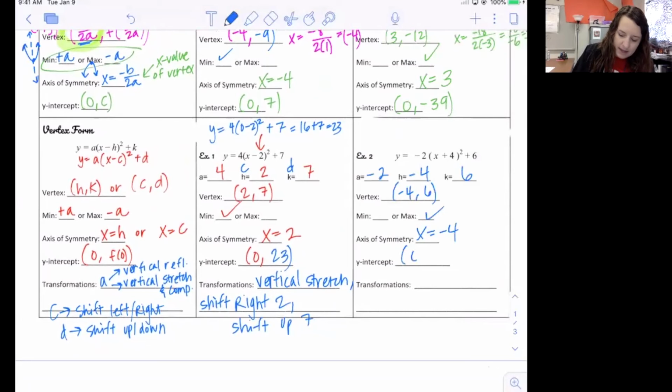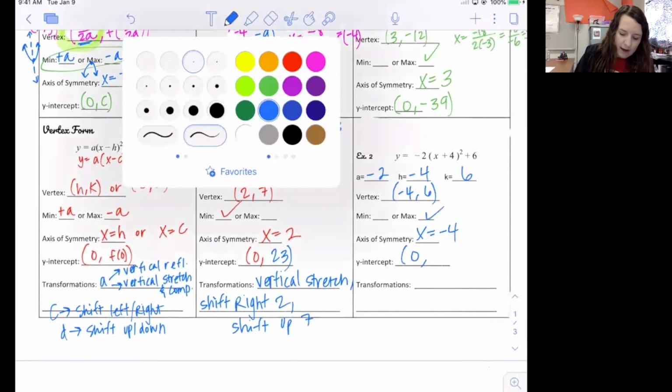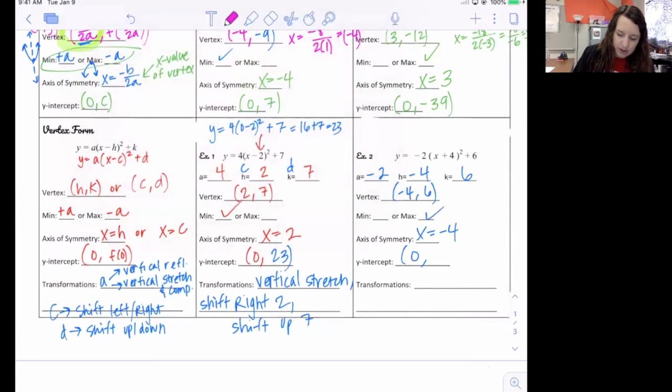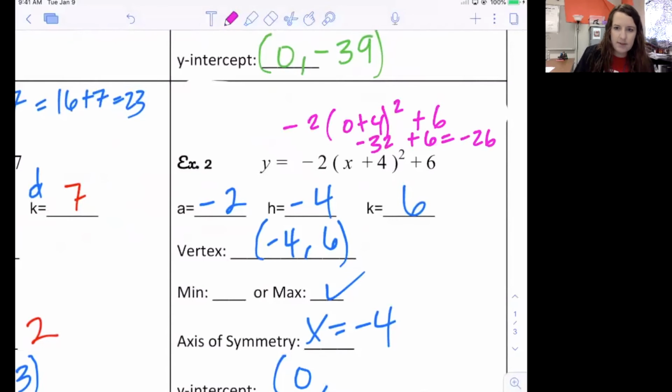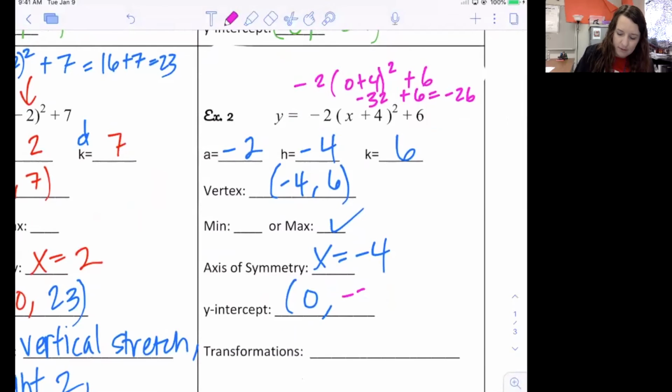My y-intercept is at 0, whatever I get when I plug in a 0. So let's go ahead and do that. Negative 2 times 0 plus 4 squared plus 6. So that's going to give me a negative 32 plus 6, or a negative 26. So 0, negative 26 is my y-intercept.